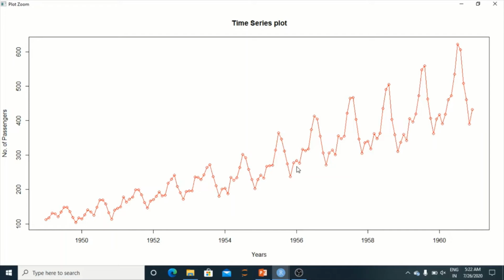So for each year you can observe a maximum number of passengers, an increment in the number of passengers, in July, August, and September. So it is a trend, and we can say that it is also seasonality, because every year the number of passengers increases in this period of months.